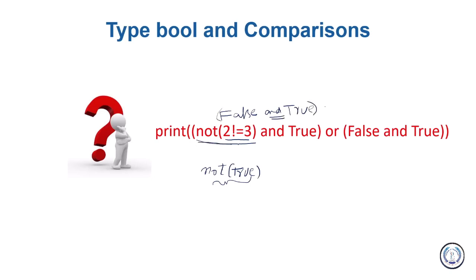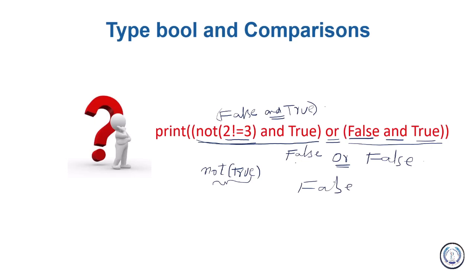So this whole thing till here is false. Now we have or, and then we have false and true. Now false and true is false. So this whole thing is false, this whole thing is false, and or between. So false or false is false. So the answer to this question is false.